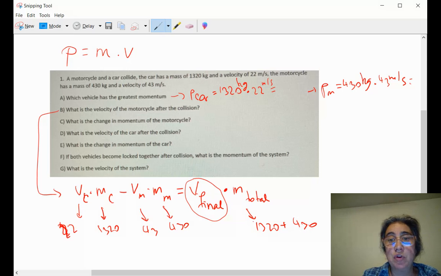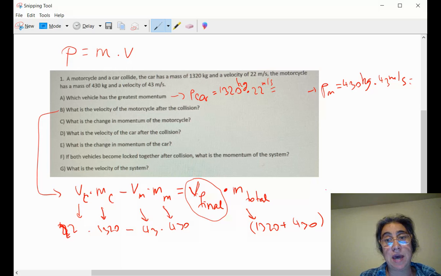So you're going to multiply these, subtract, and then to find the final value, you divide both sides by the total mass.